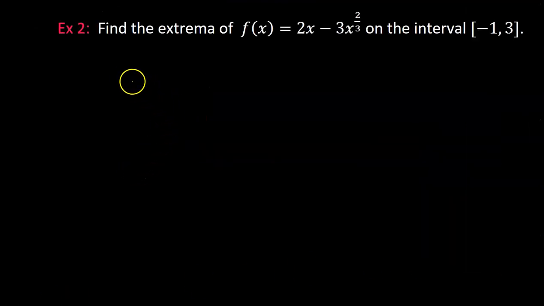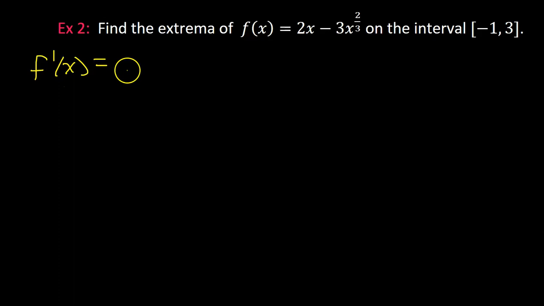Let's do two more examples. Find the extrema of f of x equals 2x minus 3x to the 2/3 power on the closed interval from -1 to 3. Now, remember, it is all about the derivative, because the critical numbers happen when the derivative is either equal to 0 or undefined.